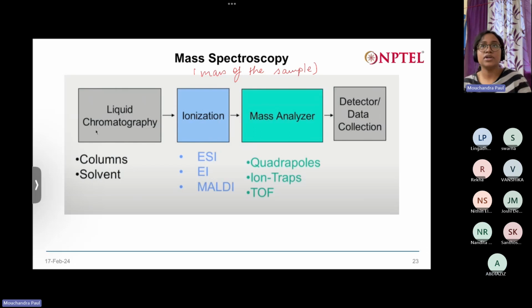If you have a mixture of polymers with different polymer lengths, and you want to understand the distribution, basically how much of the polymer chain has, say, 500 Dalton mass, or how much has 400 Dalton mass, you want to get a bell curve or a histogram like this, with the x axis being the molecular weight.